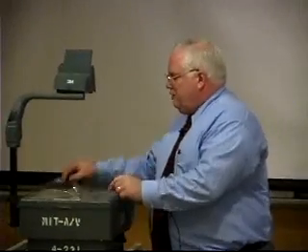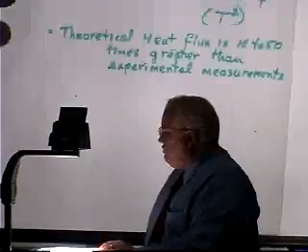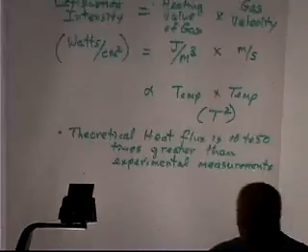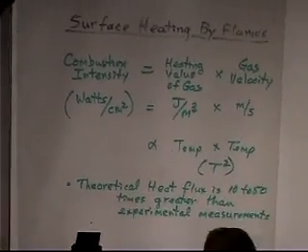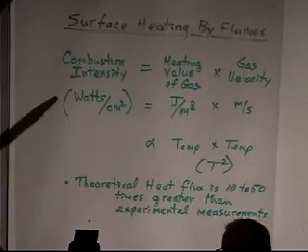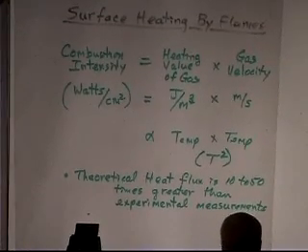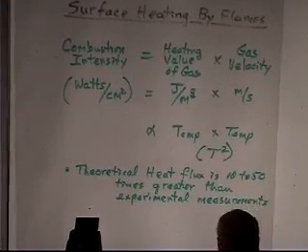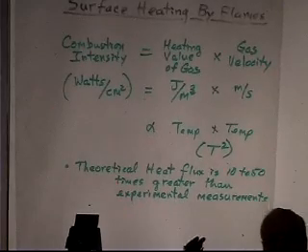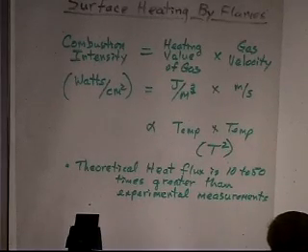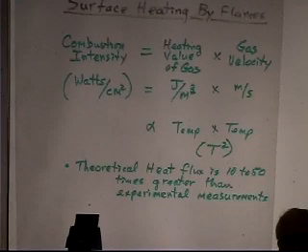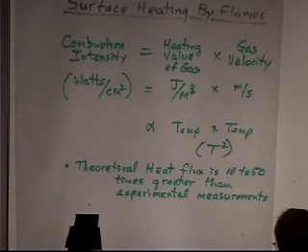If you go through the theory of combustion, of surface heating by combustion, there's something called a combustion intensity. Now, if you go to the literature, you have to be careful, because a lot of people, when they're talking about combustion, they're talking about heating up a great big boiler, like at some electrical utility plant, trying to heat up water to make steam to make electricity.